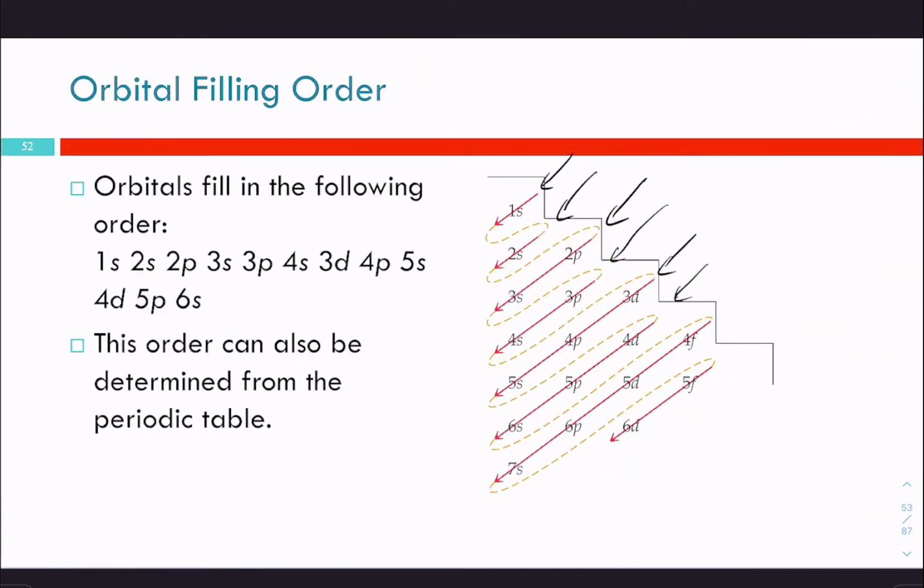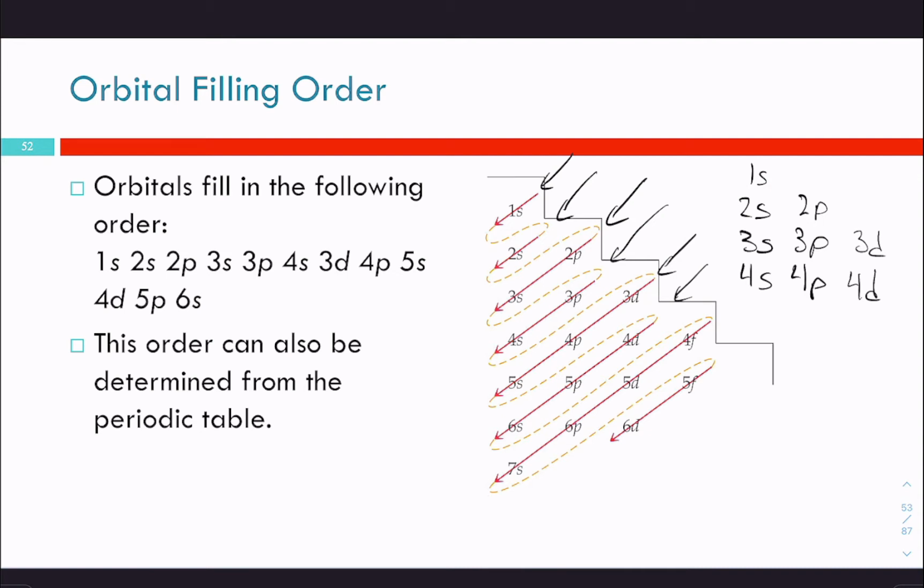One of the ways that you can remember these and what order to fill them in is by drawing out this little schematic. This is really easy to draw because you just start a column of 1s, 2s, 3s, 4s, and then a column of 2p, 3p, 4p, and then 3d, 4d. And you could keep going with each of these columns.